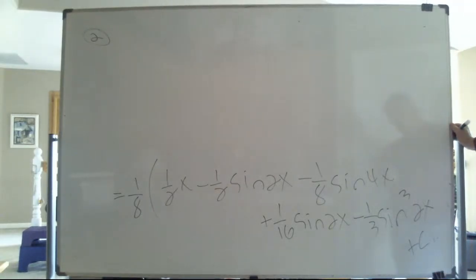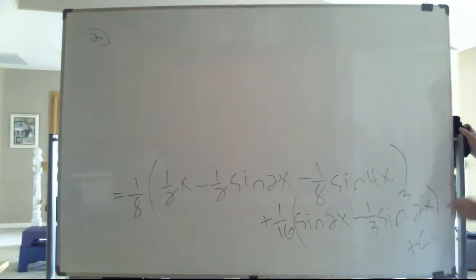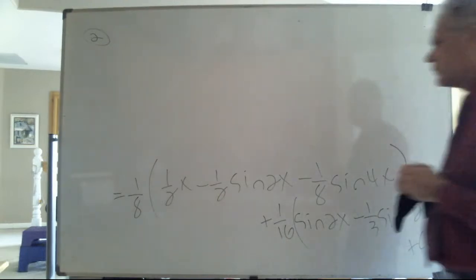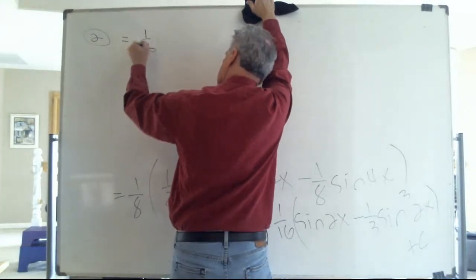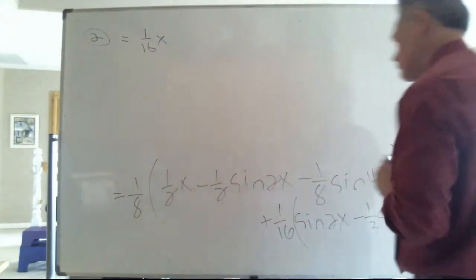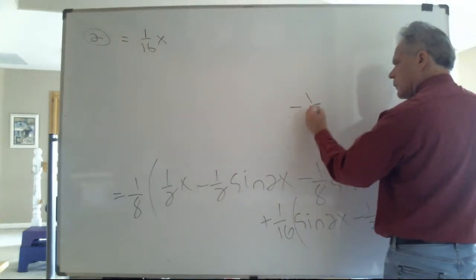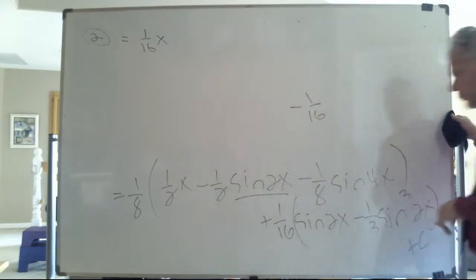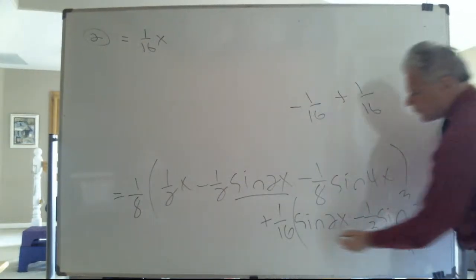So I'm just taking a quick peek to see if there are any like terms I can combine in here. So let's see, how about the sine of 2x? I have this many of these from the first grouping, this many from this grouping.